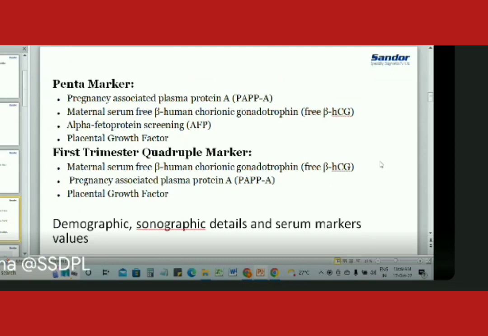Then these results are transferred to the LifeCycle software, where we give all these demographic and sonographic details, and it calculates with the help of demographic, sonographic and serum markers and gives the final risk, either normal or diseased.